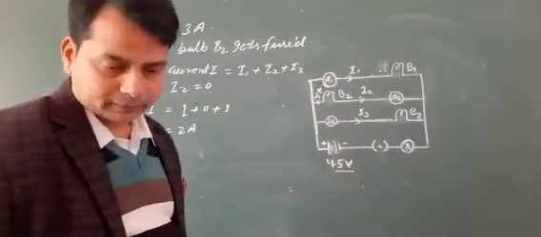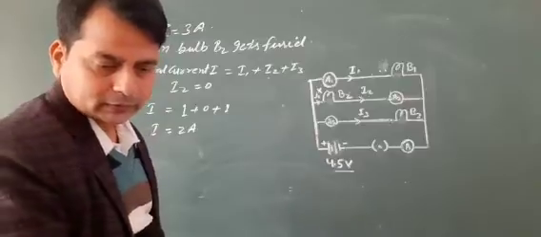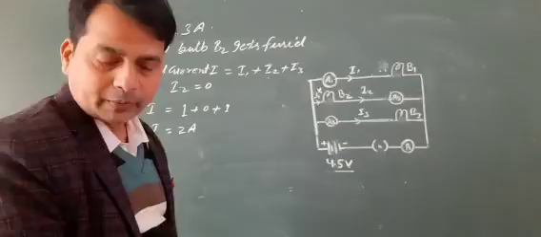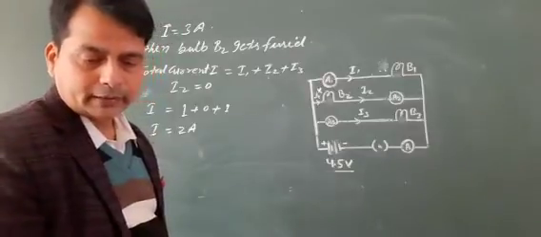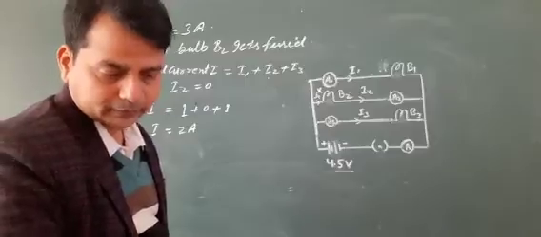So what happens to the reading of A1, A2, A3 and A when the bulb B2 gets fused?